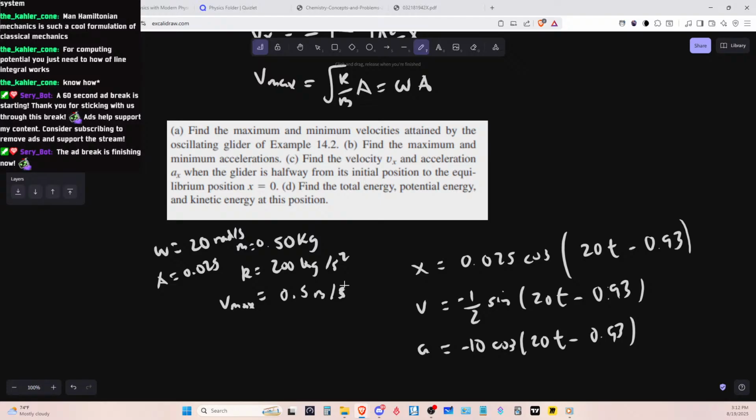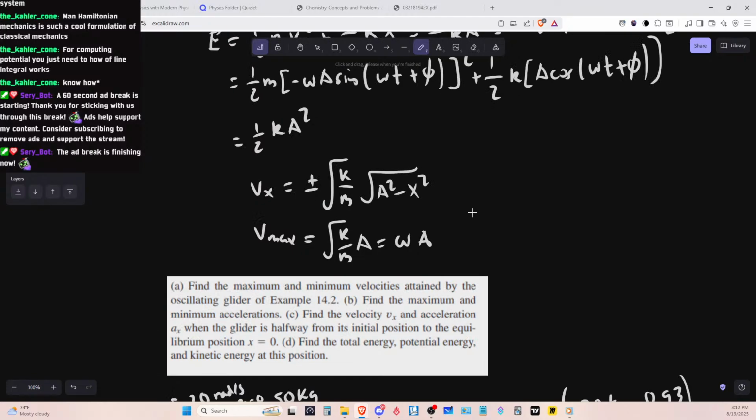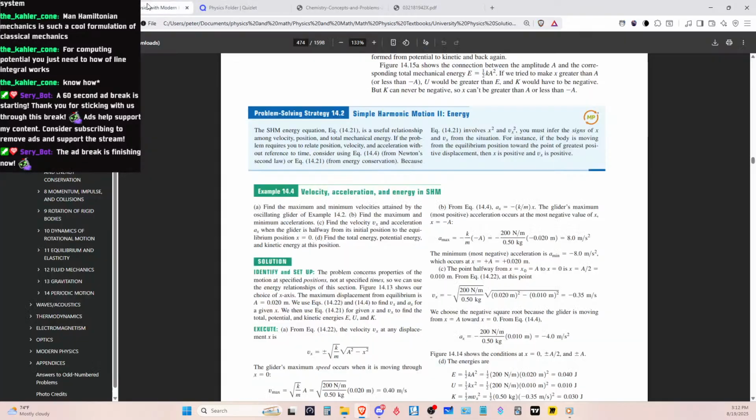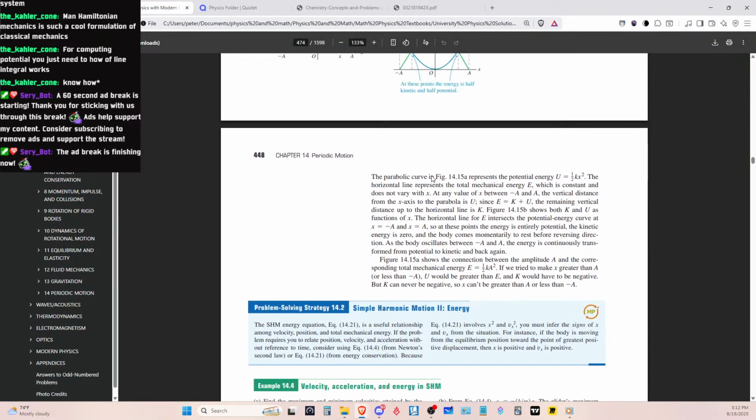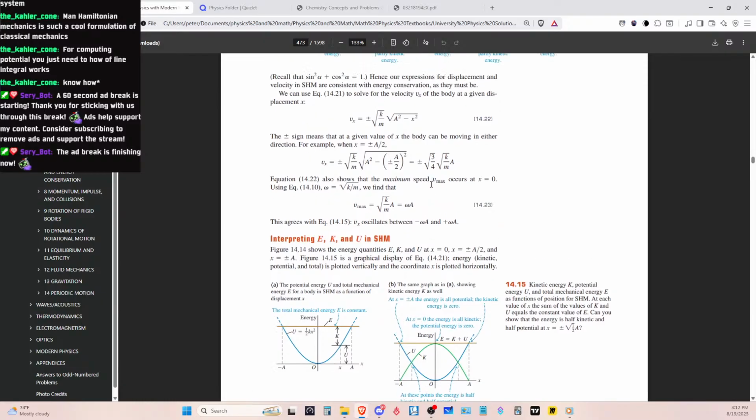Now I have to figure out what the minimum is. So this is the max.